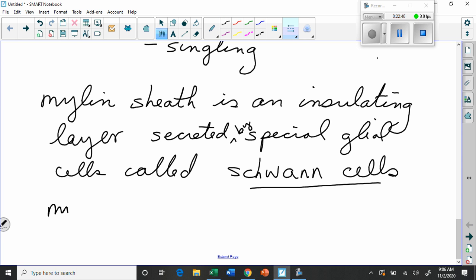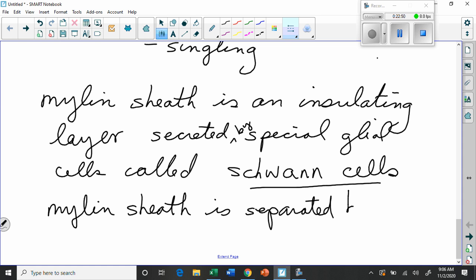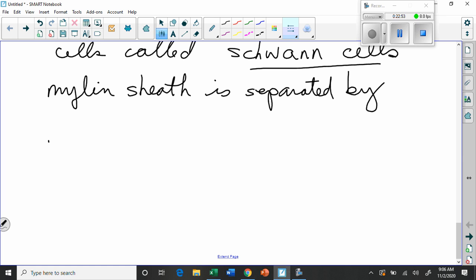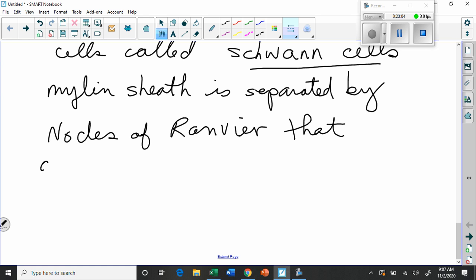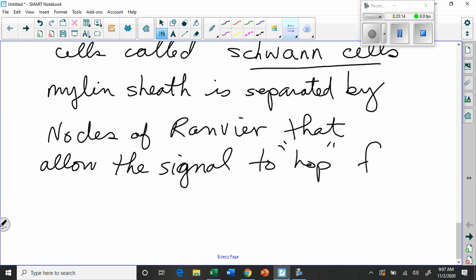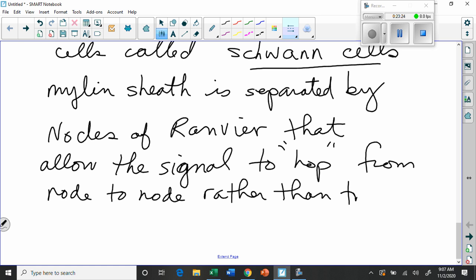The myelin sheath is separated by nodes of Ranvier that allow the signal to hop from node to node rather than travel down the entire axon.